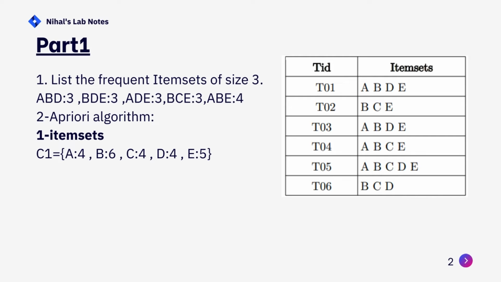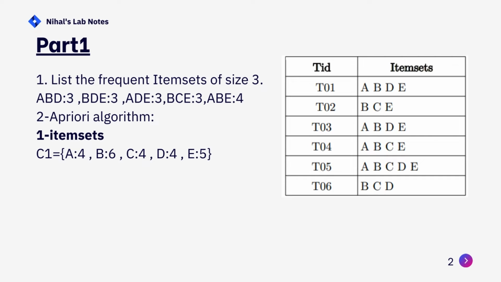Now let's move to the second question, the a priori algorithm. Let's start with one item sets. C1 contains A, B, C, D, and E. You can see that A has 4 as support. Why?